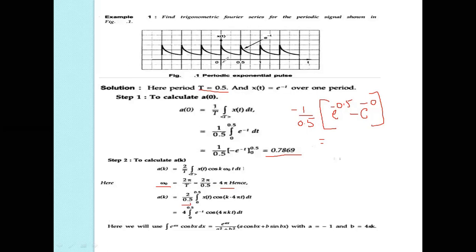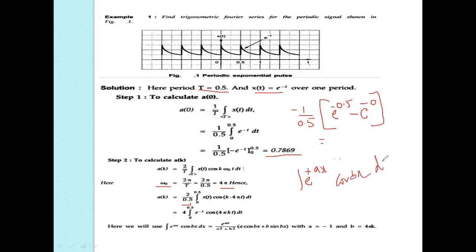So x of t is e power minus t. Substitute: e power minus t cos 4 pi k t dt. Now it is the integral of e power minus ax, or e power plus ax, cos bx dx.